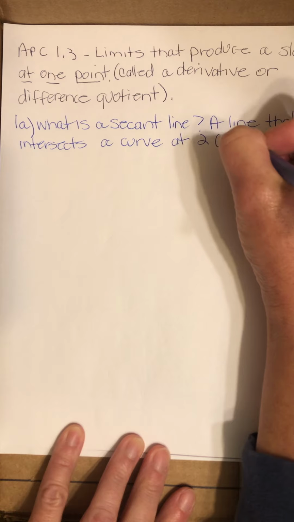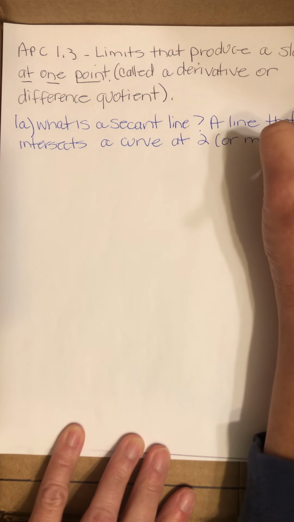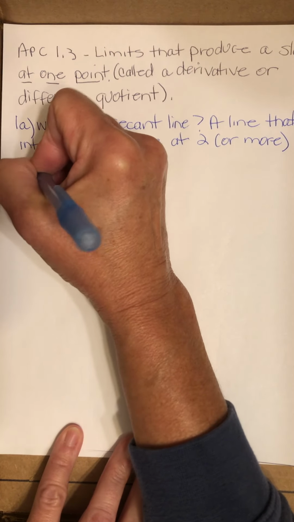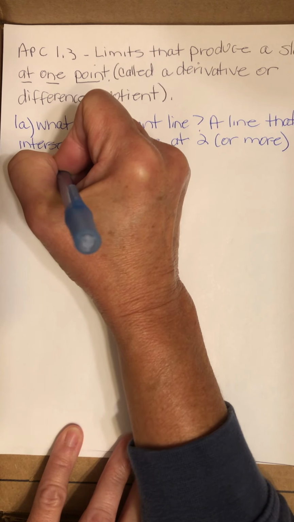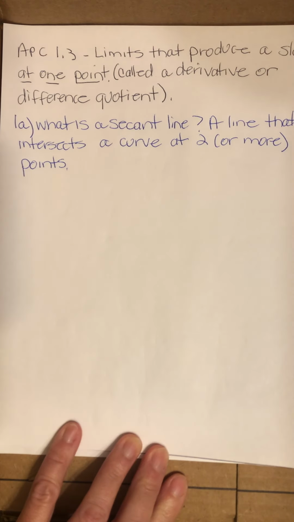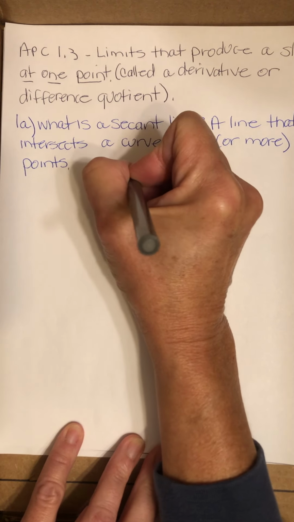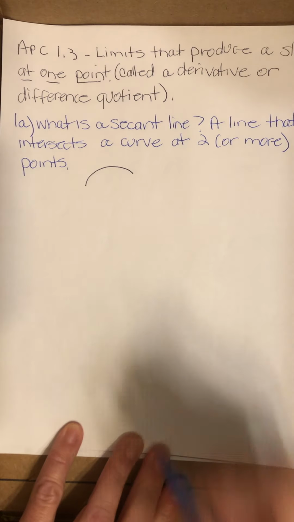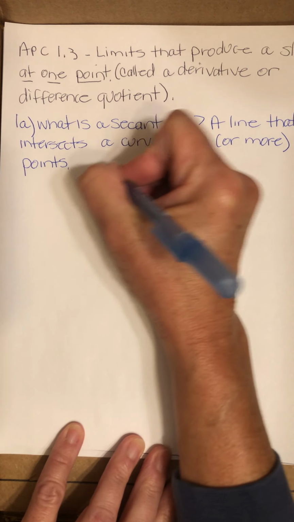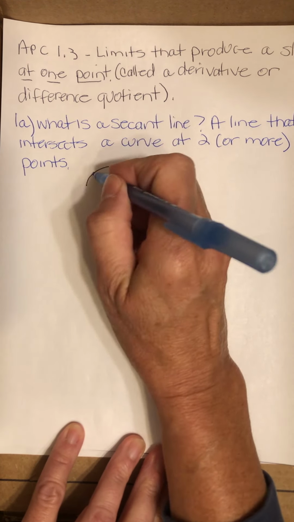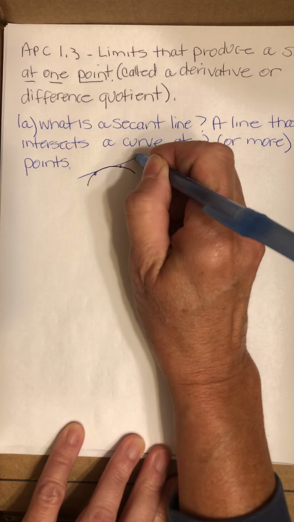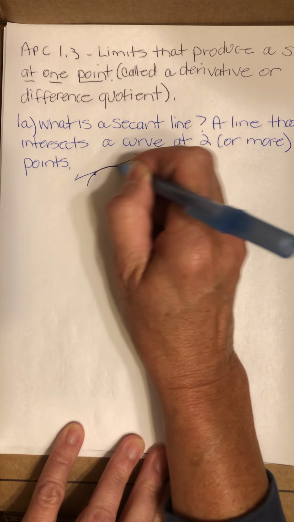Two or more, we'll just be using two, but at two or more points. And here's a picture of that. I'll make the curve in black, and I'll make the secant line in blue. So we'll make 1, 2 intersection points, and there is my secant line.